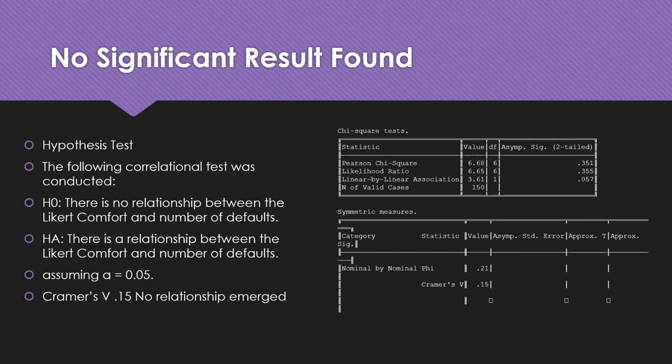Assuming alpha is equal to 0.05, we conducted this test using the PSPP software, and we found that the Cramer's V value is 0.15. Therefore, no relationship emerged.